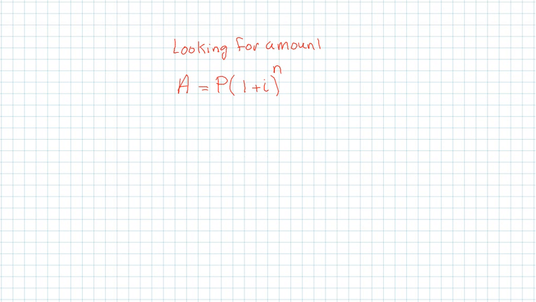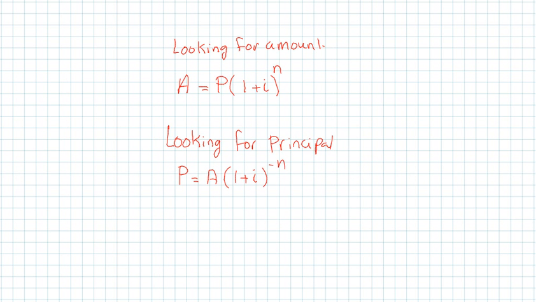And if you're looking for the principal, the current amount, today's amount, it will be P equals A times 1 plus i to the power of negative n.